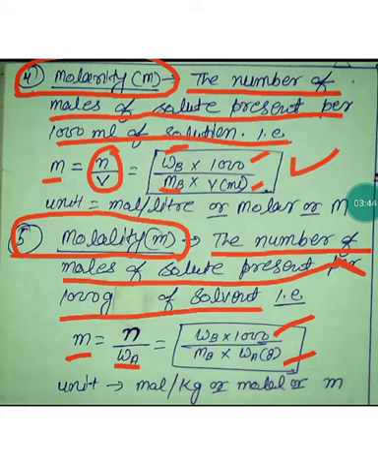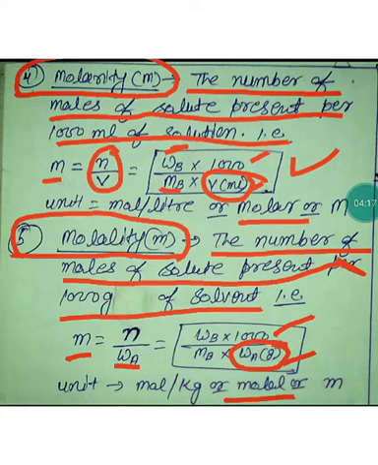The only difference is in molarity we have volume of solution in ml, and in molality we have the mass of solvent in grams. The unit for molarity is molar, which is moles per liter, and the unit for molality is molal, which is moles per kilogram.